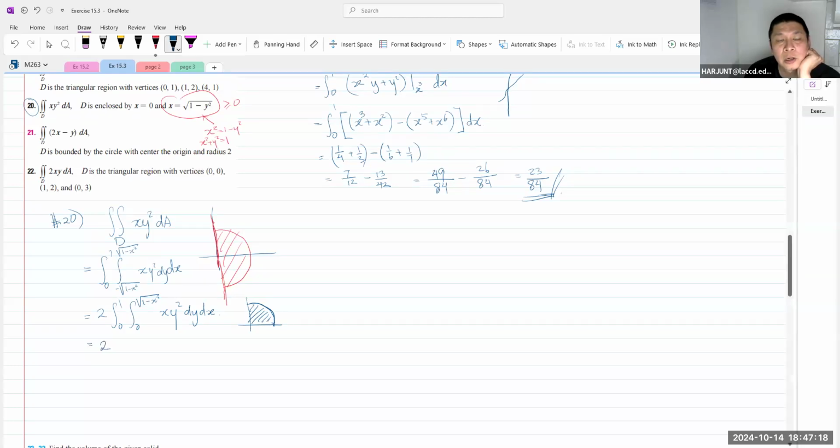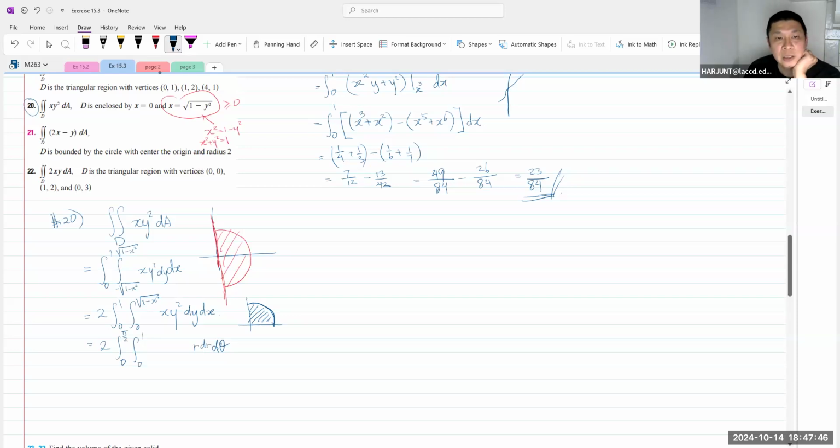So it will be integral from 0 to 1 for the radius. For theta, it will be from 0 to pi over 2, r dr d theta. The radius is from 0 to 1.